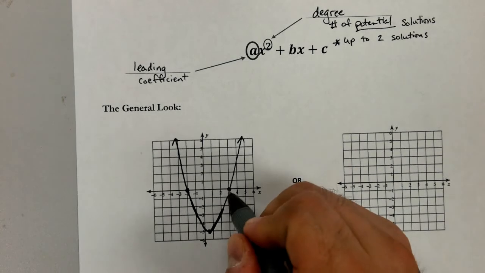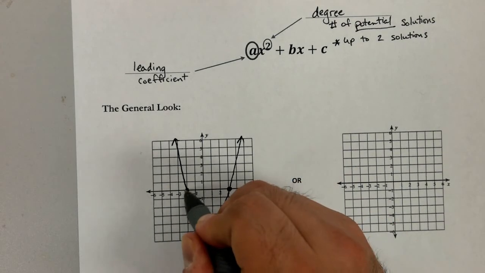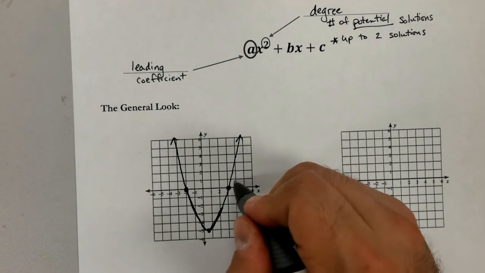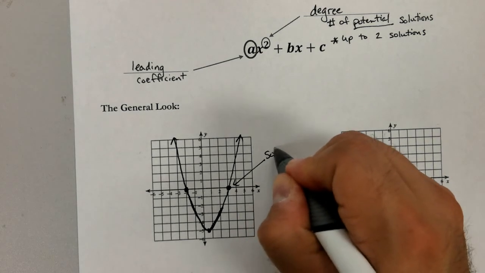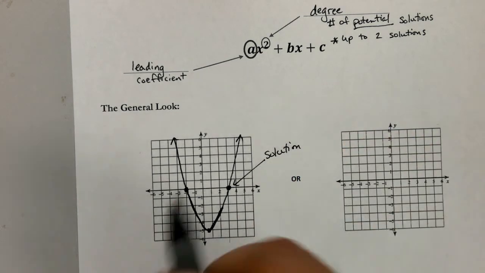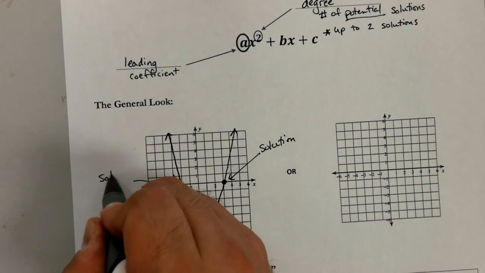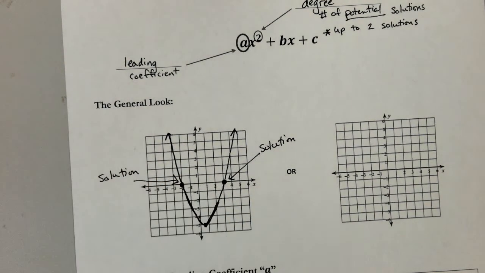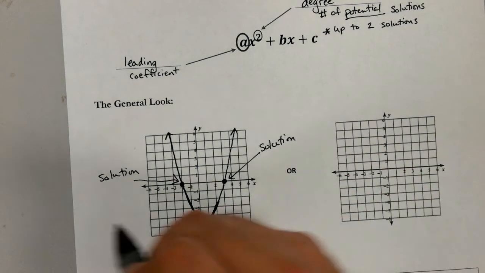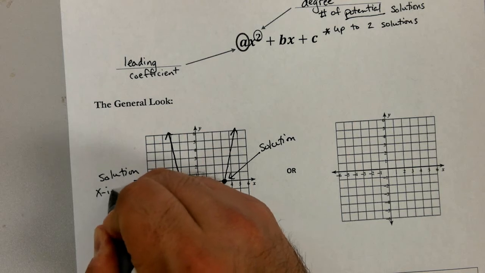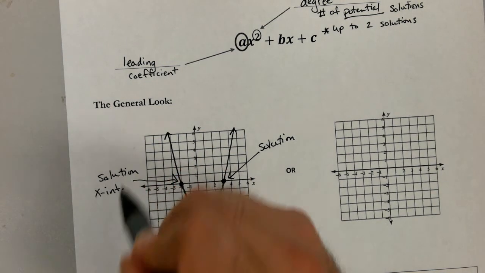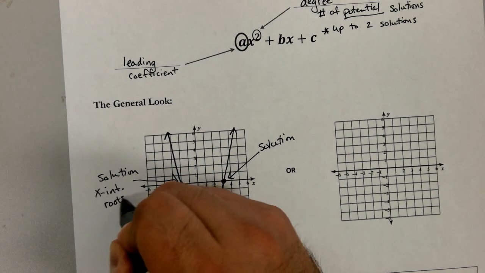Now I put points down here, and I do want to point out these are what your solutions look like. These are your solutions. And this is another solution. These solutions are also called x-intercepts, which you've seen before. A solution is also known as your x-intercept, or we also call them roots.